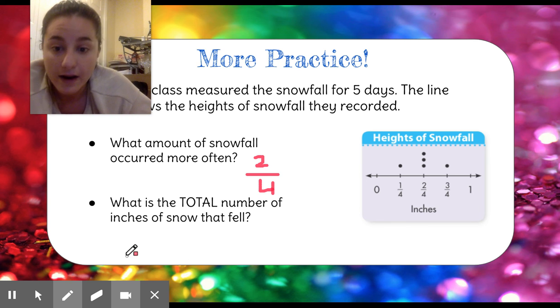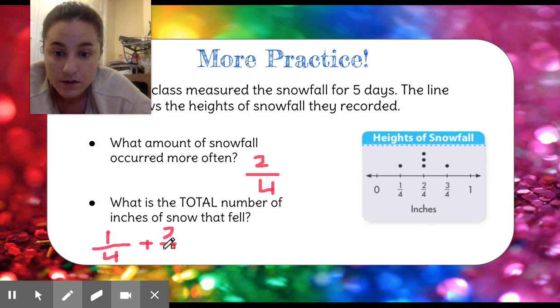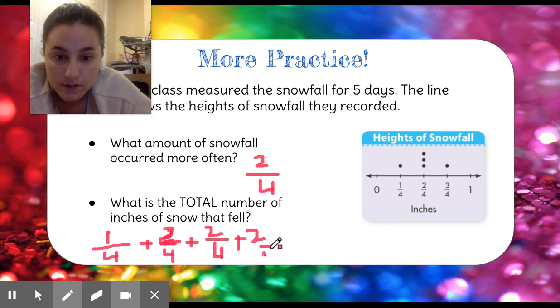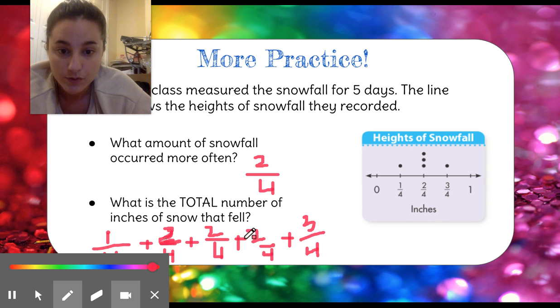Well, that means I have to add 1/4 plus 2/4, but 2/4 3 times, plus 2/4 plus 2/4 plus 3/4. And I have 1, 2, 3, 4, 5 dots. I should have 5 fractions. 1, 2, 3, 4, 5.